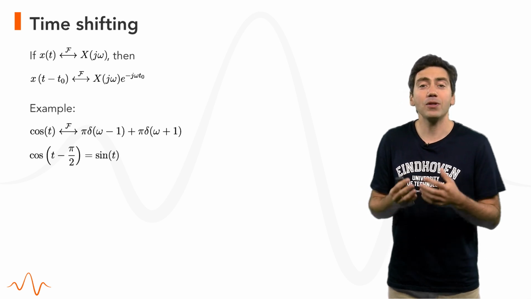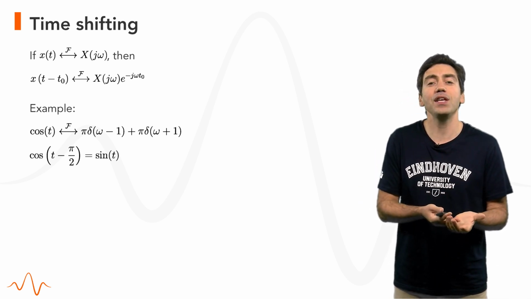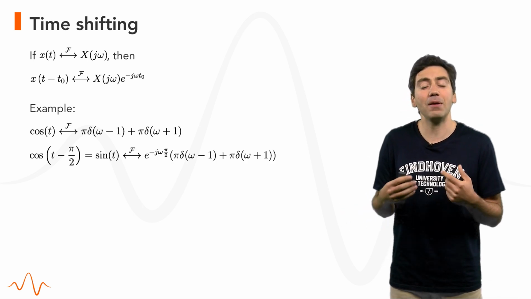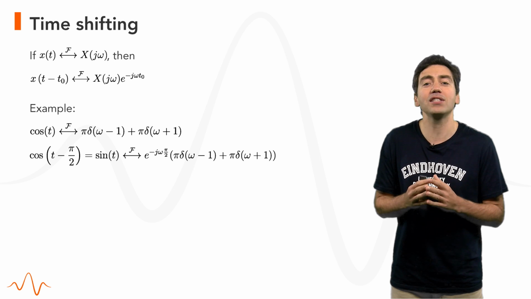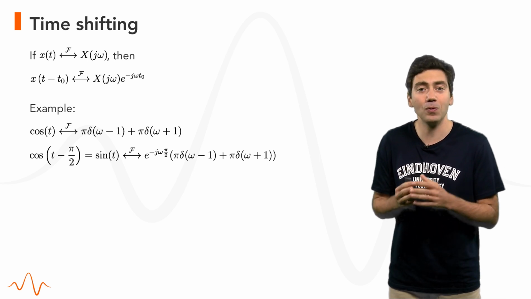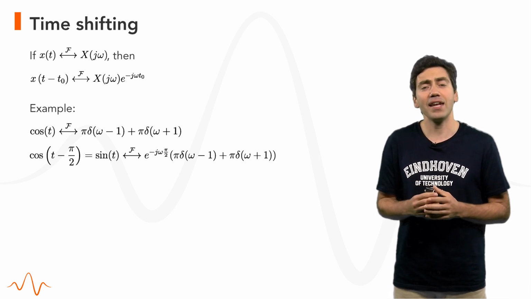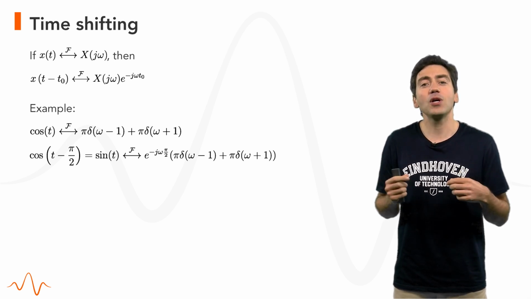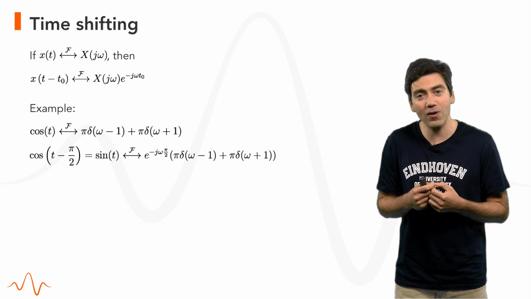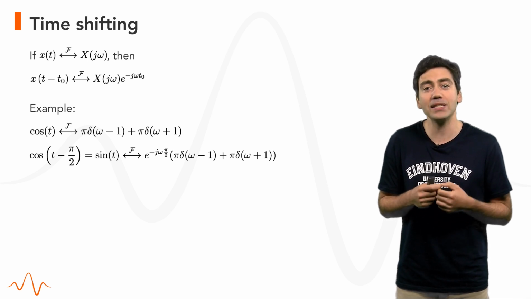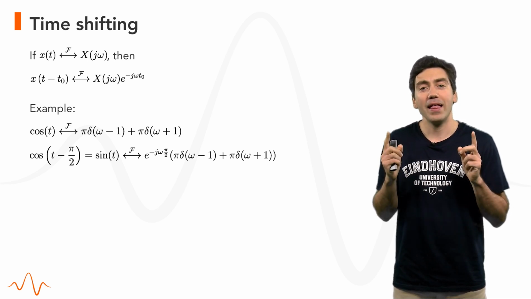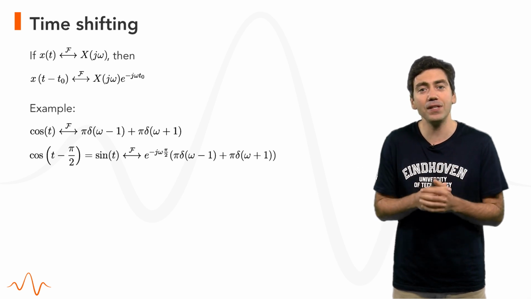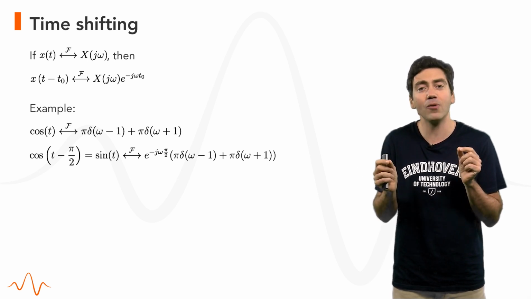So we know that to compute the Fourier transform of sine of t, we just have to consider the Fourier transform of cosine of t and multiply that by e to the power of minus j omega pi over 2, which is t naught. Now, the Fourier transform of a cosine are two Diracs, so by multiplying by e to the power of minus j omega pi over 2, we just have to consider omega at values where these Diracs are centered. And if it's a cosine of t, they are centered at omega equals 1 and omega equals minus 1.